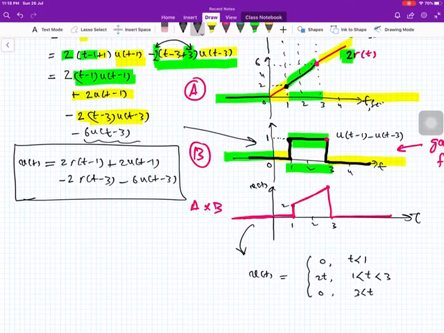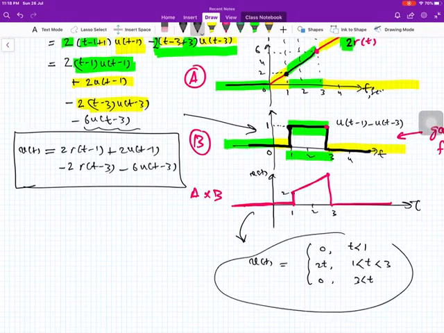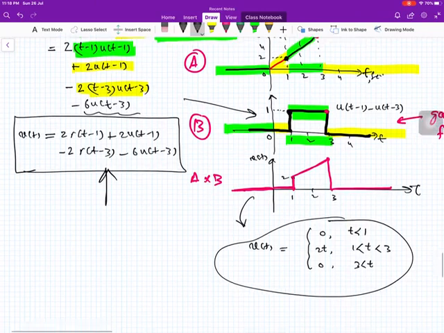So if this type of voltage is required, the mathematical description will be like this, and in the form of function it is over here.